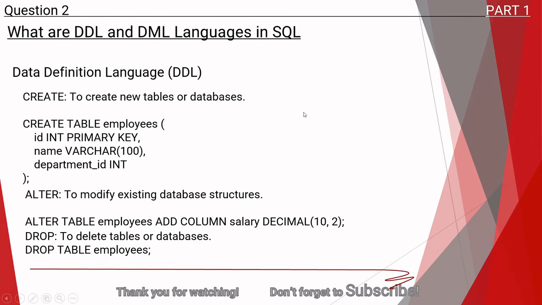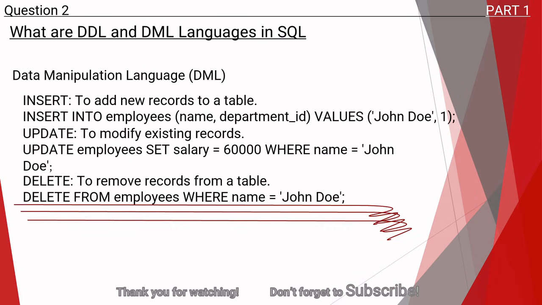We also have alter, which modifies existing structures, and drop, which removes tables or databases entirely. It is important to note that DDL focuses on the schema and structure of the database rather than the actual data contained within it.